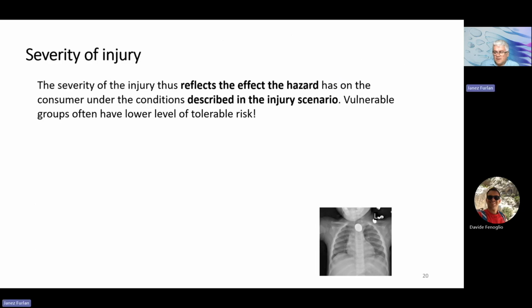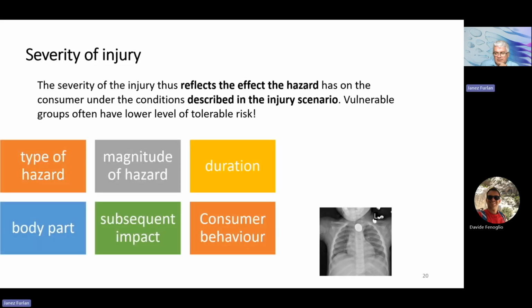Before moving into the standardization, let me also explain the importance of the objective assessment of the severity of injury. There are several factors that contribute to this severity. One specifically would be which body part somebody can get hurt, because eyes are more sensitive than, for example, the body or legs or lower limbs.